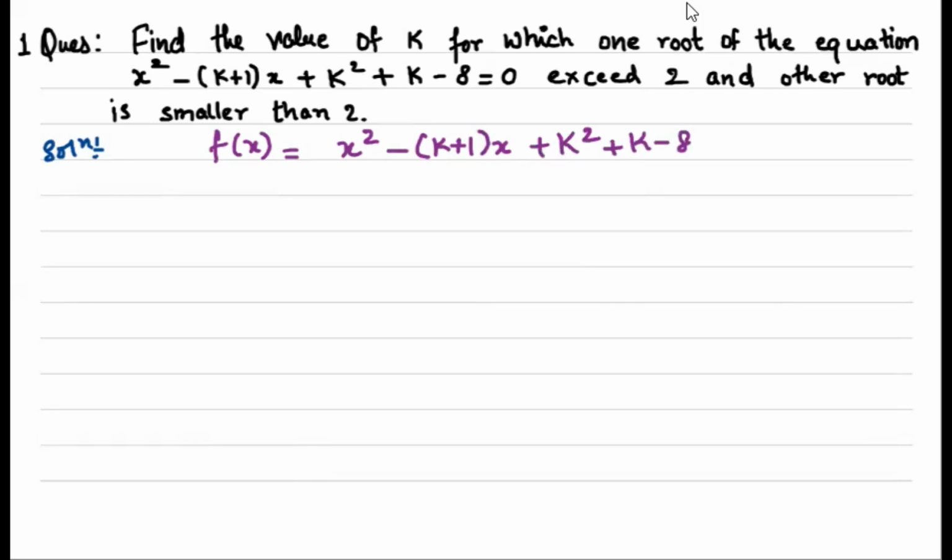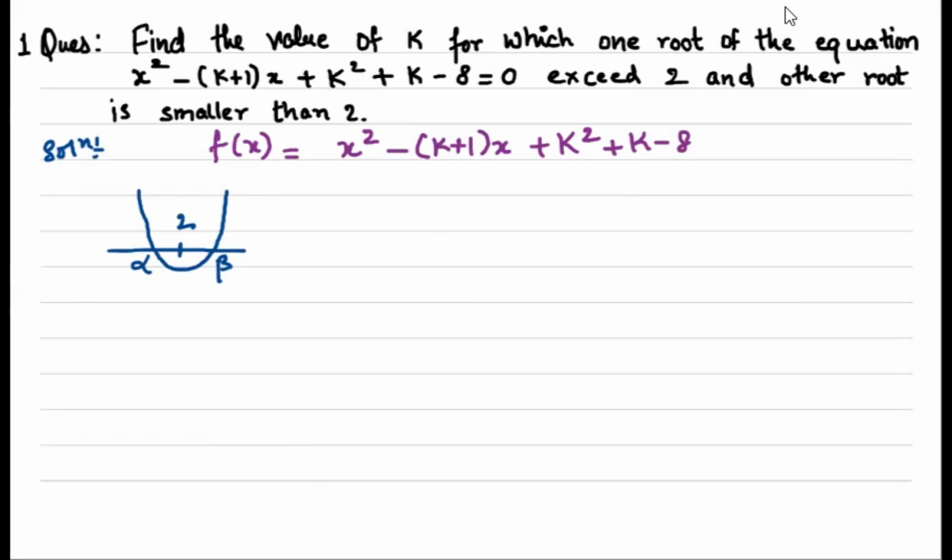Let this be a quadratic polynomial. And now the only case we have for this is opening upwards or opening downwards. So we know that in between there is a 2 and the roots alpha and beta are on either side of it. Okay. So one is lesser than 2, one is greater than 2.